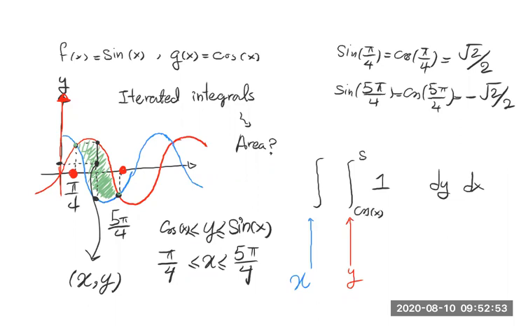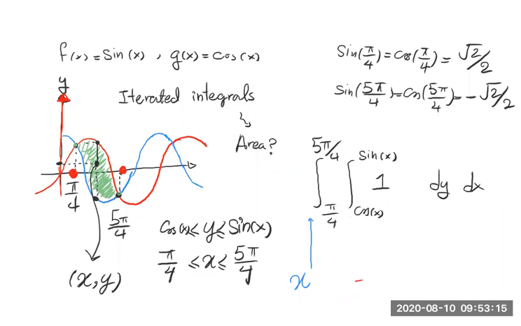So I would write down these boundaries here for this integral. The boundaries for y are cosine of x and sine of x, and for x are pi over 4 and 5 pi over 4. And the result of this integral is the area of the green region.